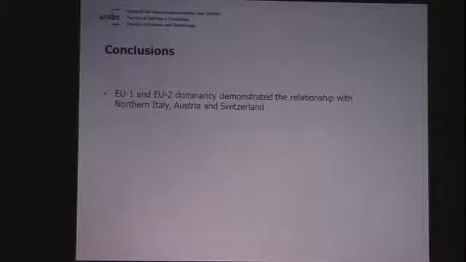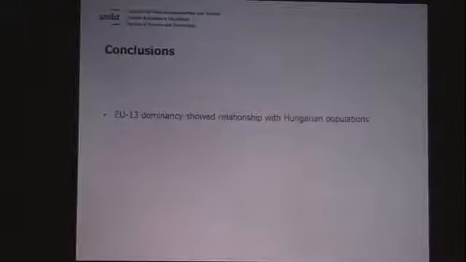And it basically proves the geographical proximity. Then EU13 dominancy. EU13 was the third most dominant in South Tyrol, which shows the relationship between the Hungarian population and the Asian population. This data basically coincides with the ITS data, and it confirms that the Hungarian population, the Asian population and the South Tyrolean population are somehow linked together, and South Tyrol might have been a bridge between different introduction events in Eastern Europe.